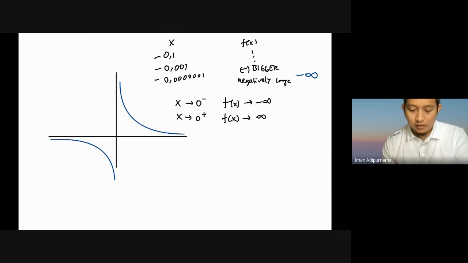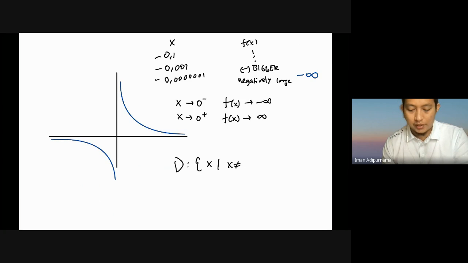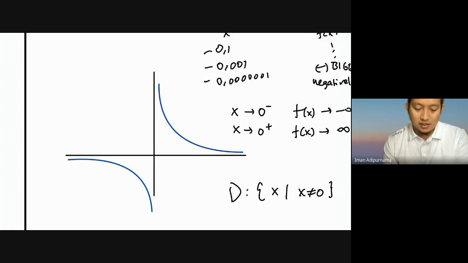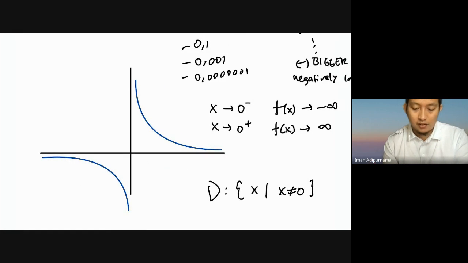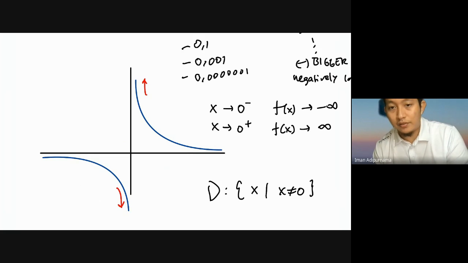And the domain will be all x except at x equals 0, because if you remember the limit, this is going up, this is going down. At 0, you cannot have a definitive value, right?